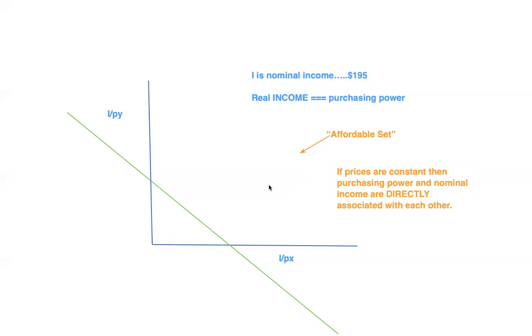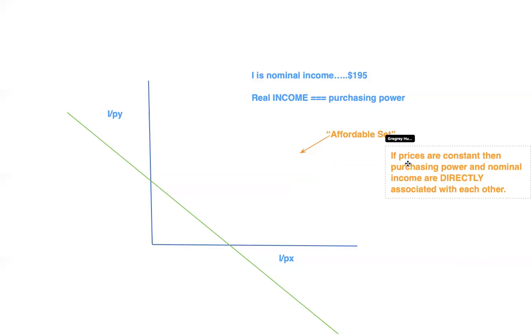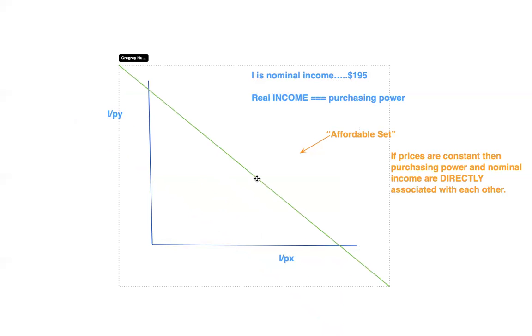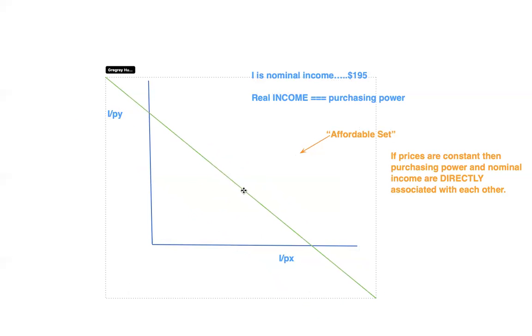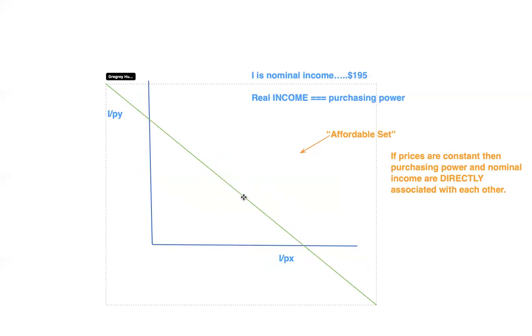So when you were talking about inflation, it makes sense. Inflation has to do with the prices changing, right? And so another way that we could get this affordable set to shrink or expand would be by changing the prices, because that's going to cause changes in the affordable set too.